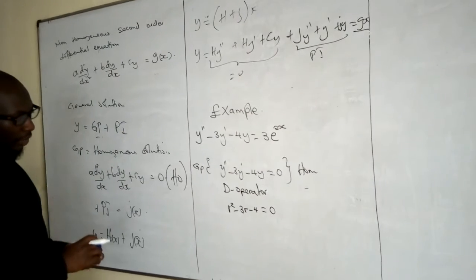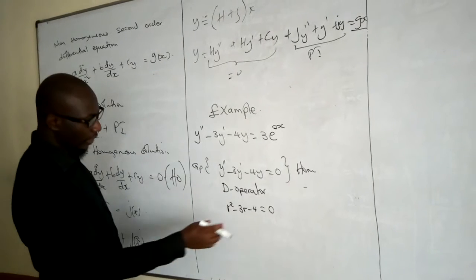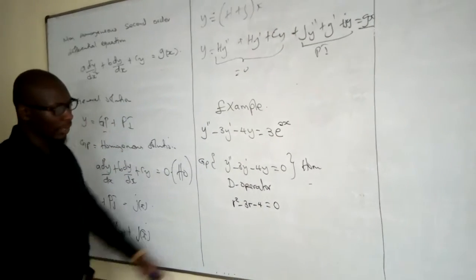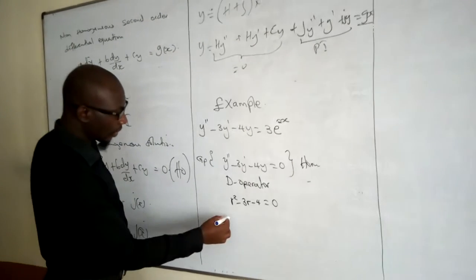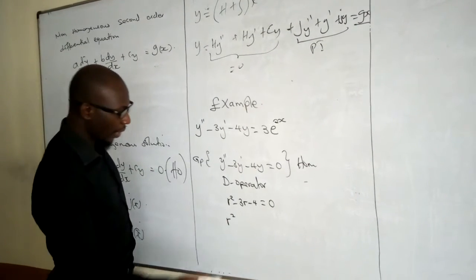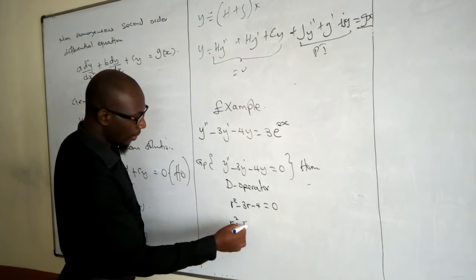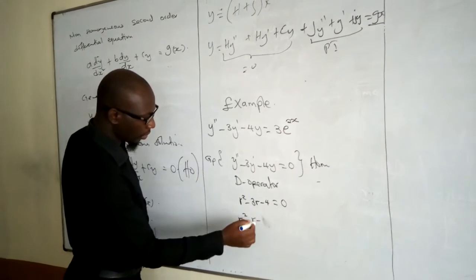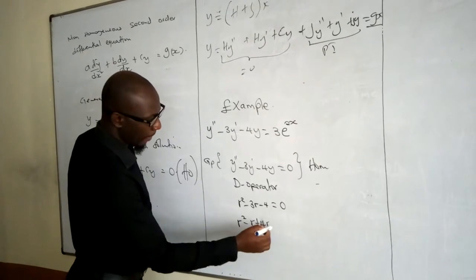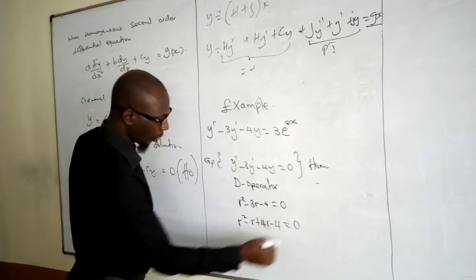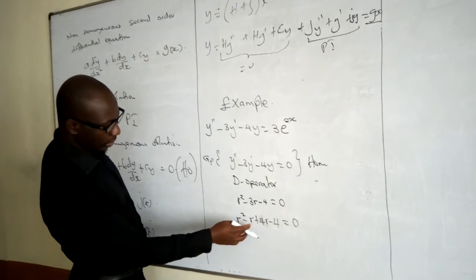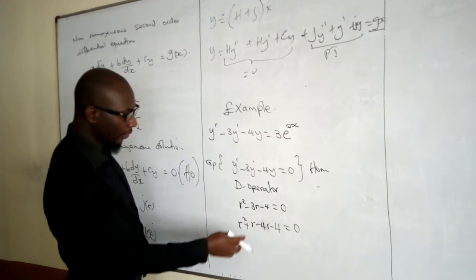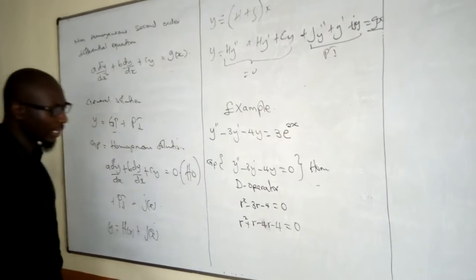Let's get the roots of this equation. Look for two numbers that if you multiply them you get negative 4, and if you add them you get negative 3. That gives r squared plus r minus 4r minus 4 is equal to 0, such that r plus negative 4r gives negative 3r.